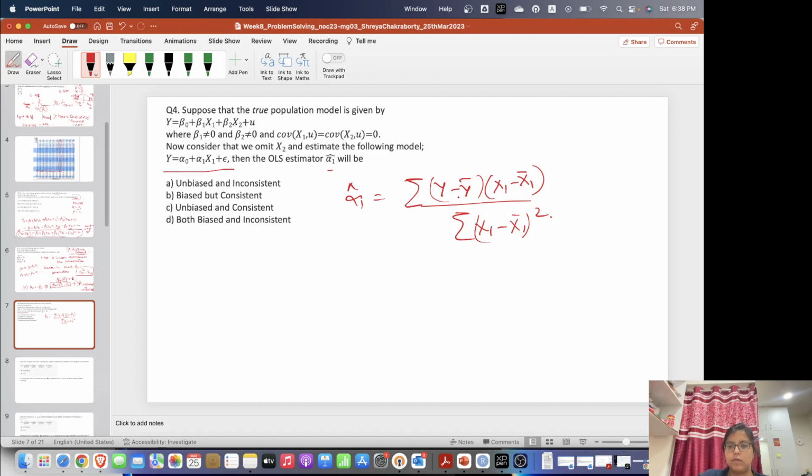Now the expectation of y from the true population model is beta naught plus beta 1 x1 plus beta 2 x2 plus 0.